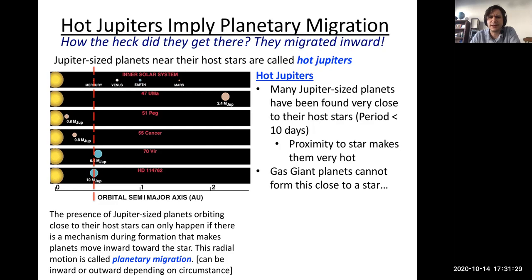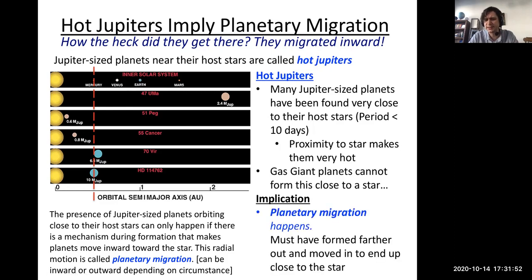And we were surprised by this because everything that we know, and physics itself, tells us that you can't form a Jupiter-sized planet this close to a star. So if you can't form a Jupiter-sized planet as a hot Jupiter, what does that mean? It gives us this implication that planets must migrate. And what do I mean by planetary migration?